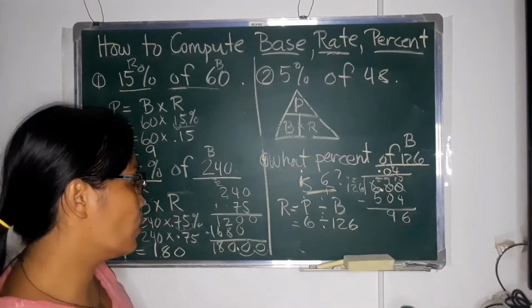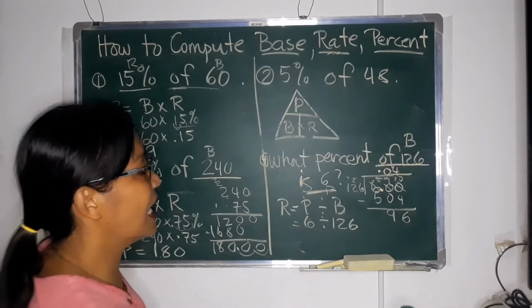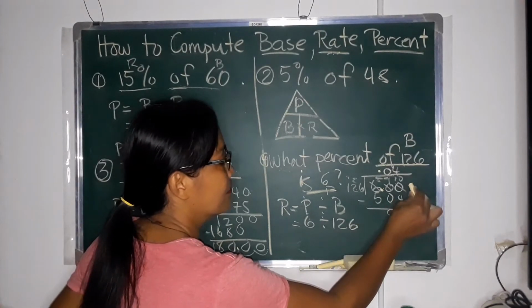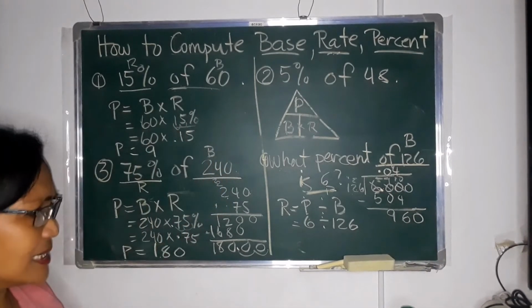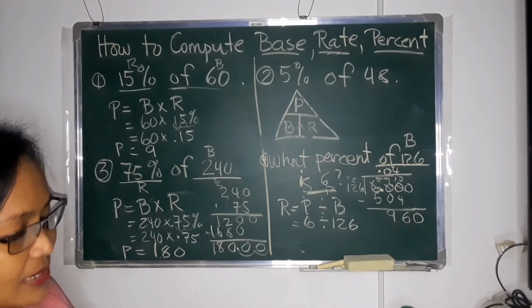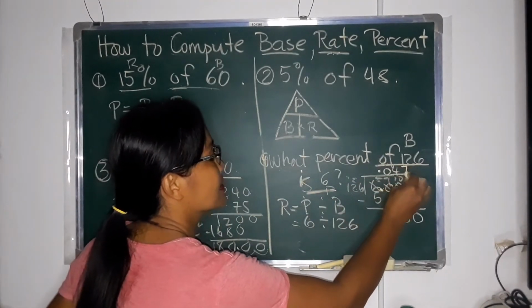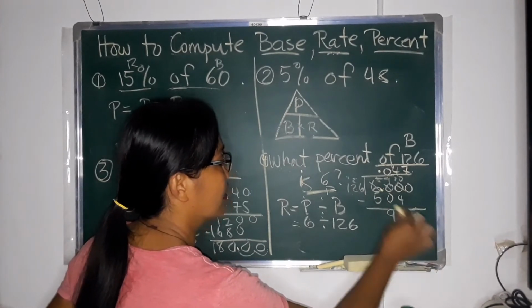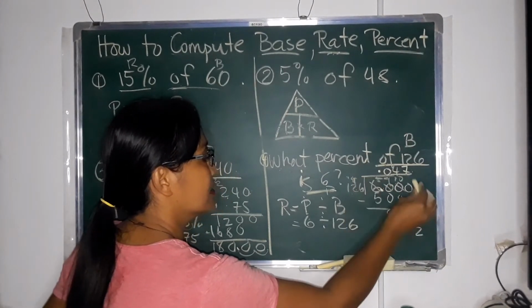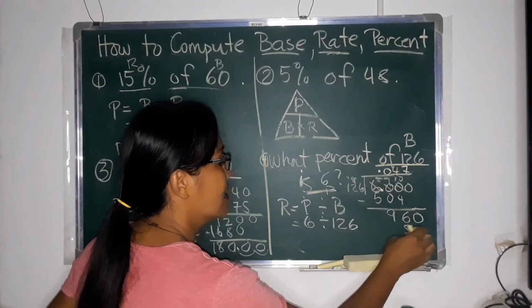Okay. So, we have 96. Then, borrow again, 0. So, 960 divided by 126. Let's try 6 or 7. Let's try 7. 7 times 6 is 42. Carry 4. 7 times 2, 14. Plus 4, 18.